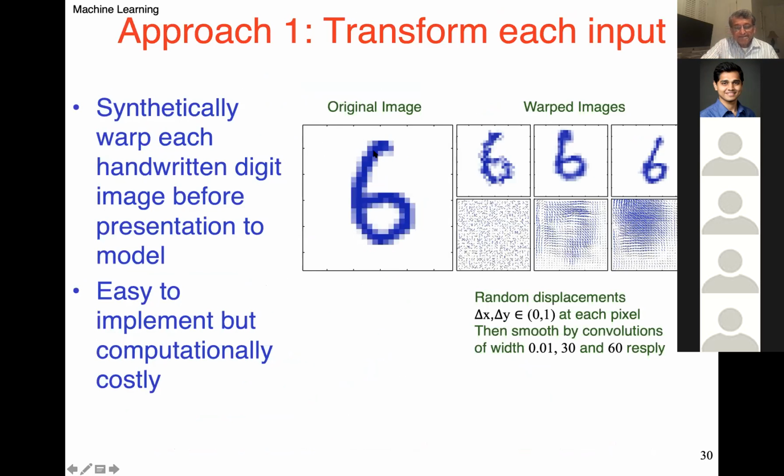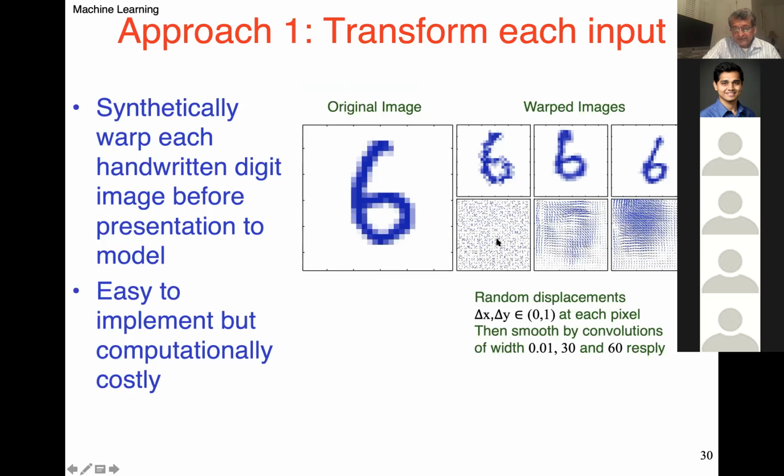So one more approach is, let's say we were doing handwritten digit recognition. Here is a scanned image of a 6. We are doing random displacements, derivative x, derivative y at each pixel, then smoothing by convolution, and synthetically warping each handwritten digit before presentation to the model.